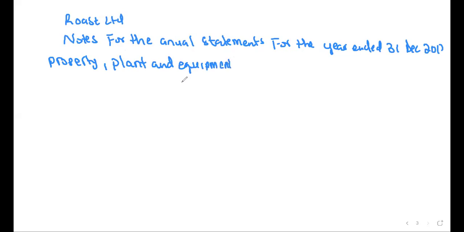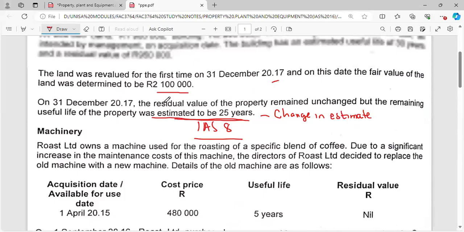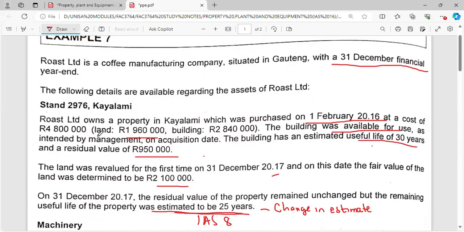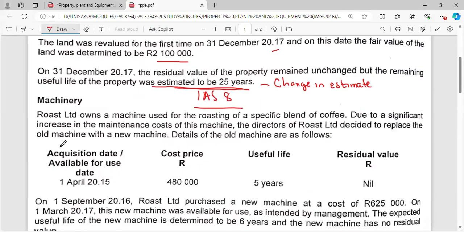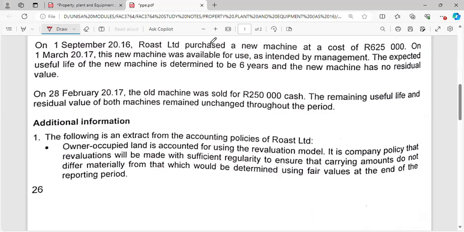The first thing is to look at the assets that we have from the question. We have land here, we have building and the machinery. I think those are the assets that we have.